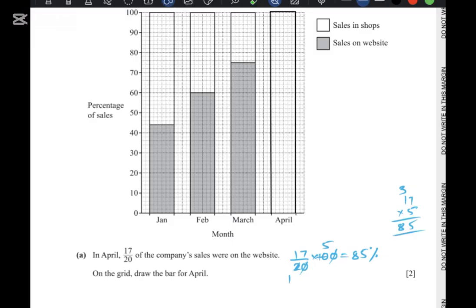So 85% will be exactly in between 80 and 90. So it will be this. Now shade the part which is below, because this is for the website. Use your pencils to shade lightly. This is the answer.